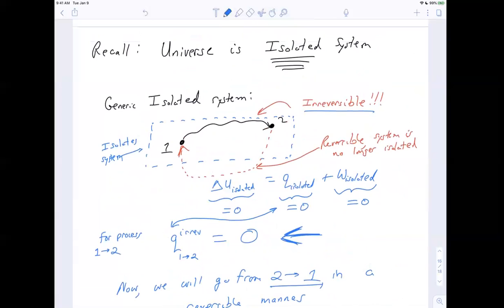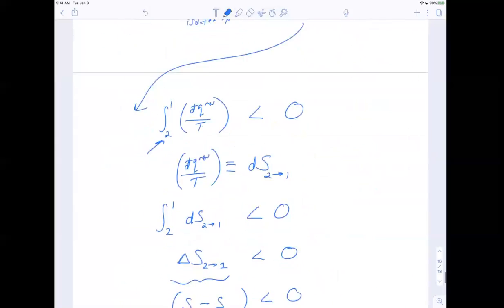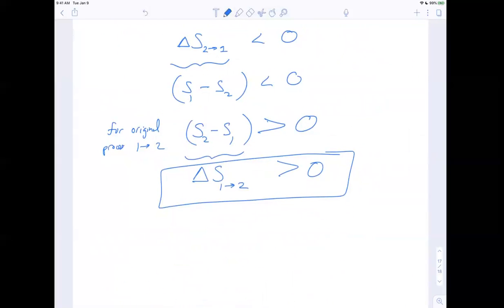So in that isolated system where we really didn't have anything known about it, as the system went from state 1 to state 2 irreversibly, what we found is that delta S increased, is greater than 0. And so this was for the isolated system.